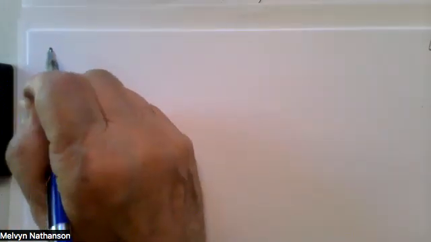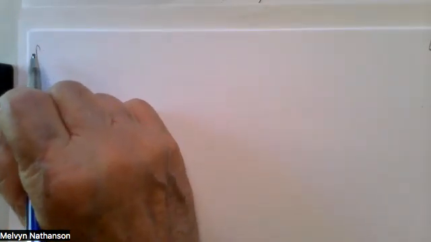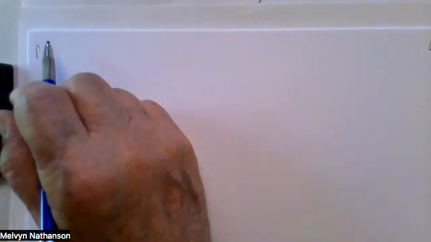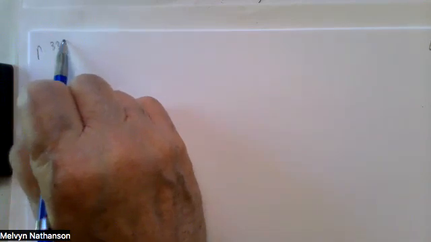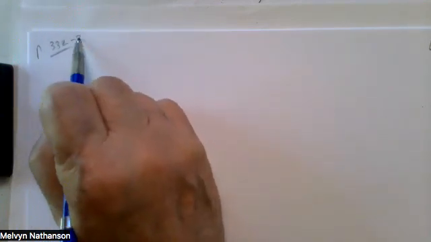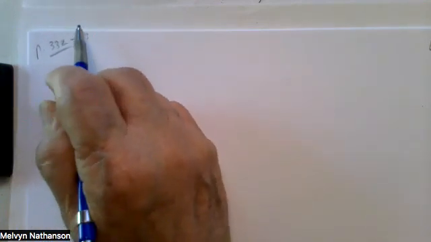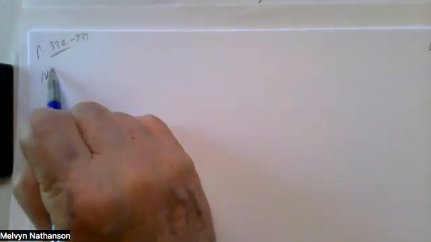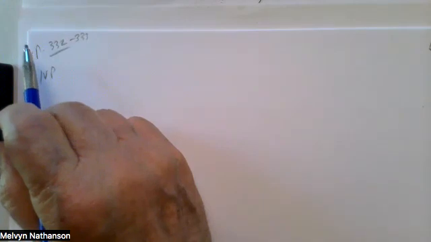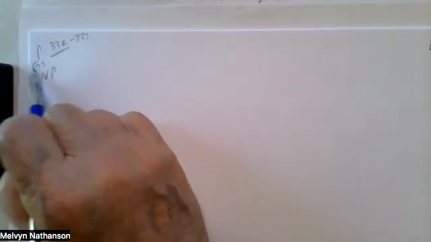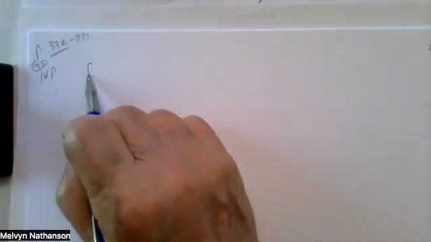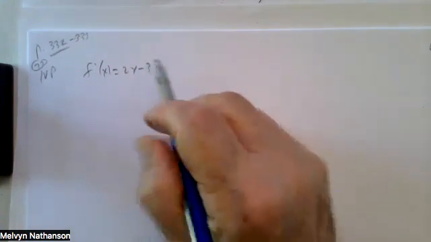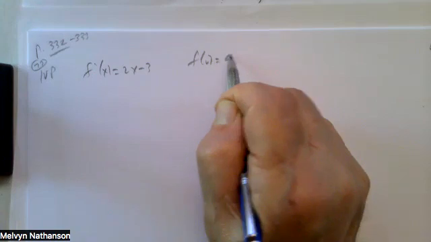These are problems on pages 332, 333. Solve the initial value problem. This is problem number 77. F prime of x equals 2x minus 3. F of 0 equals 4.